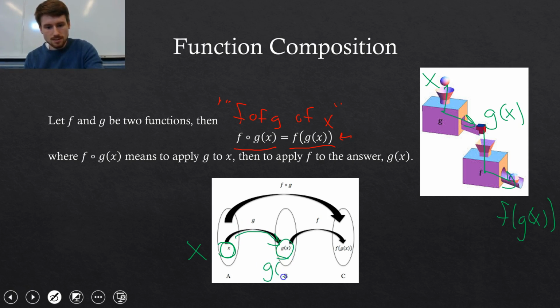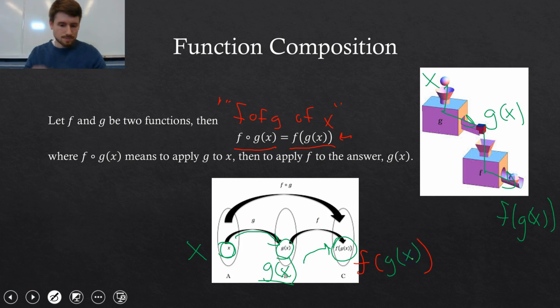And then we're taking g of x and plugging that into the f machine, so that's going over here to f of g of x. That's our last answer, f of g of x. Let's use some colors. G of x. Okay, so that's basically the moral of function composition.